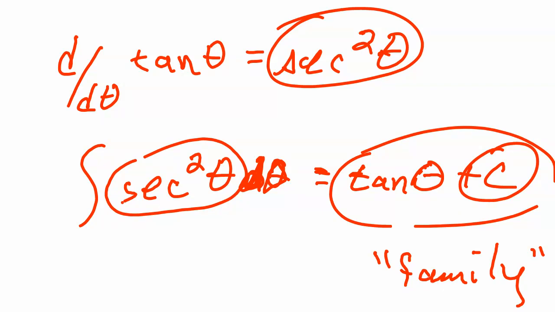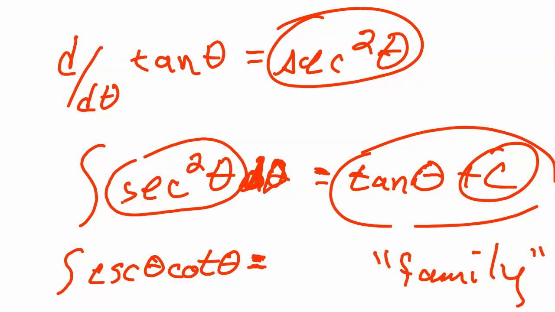So we have all those trig antiderivatives going the other way. So if I have the antiderivative of cosecant cotangent, well, the derivative of what is cosecant cotangent? The derivative of cosecant is minus cosecant cotangent.